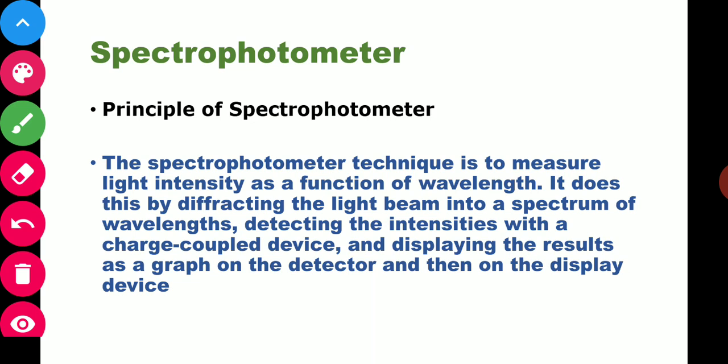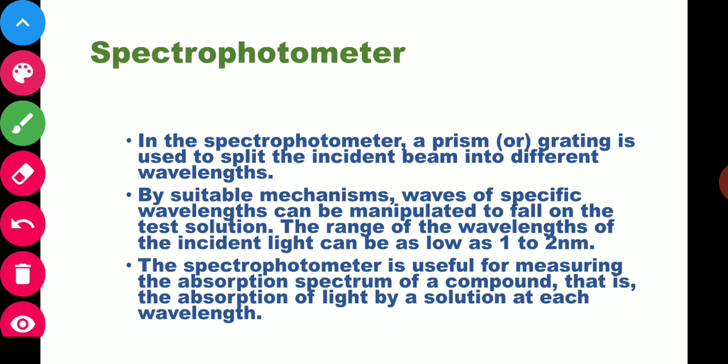The spectrophotometer technique measures light intensity as a function of wavelength. It does this by diffracting the light beam into a spectrum of wavelengths, detecting the intensity with a charge coupled device, and displaying the results as a graph on the detector and then on the display device. The spectrophotometer has a prism or grating which is used to split the incident beam into different wavelengths.